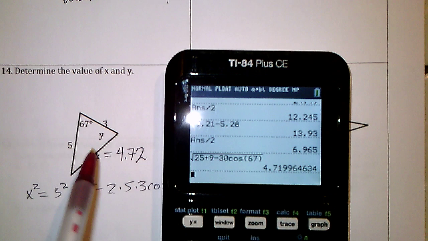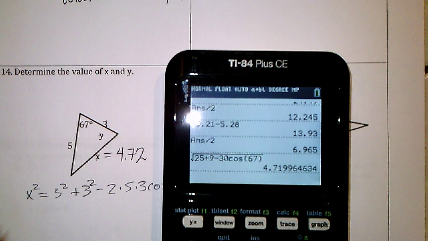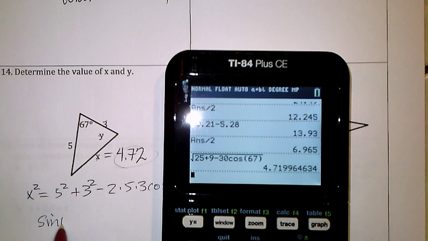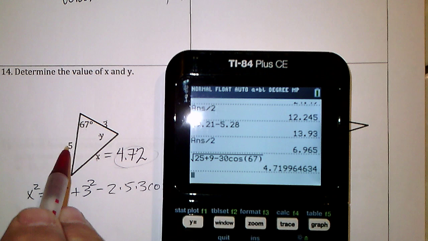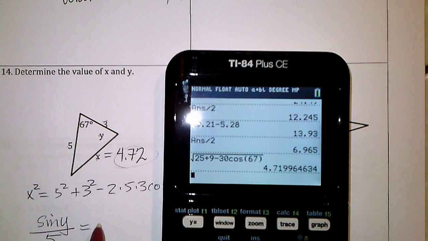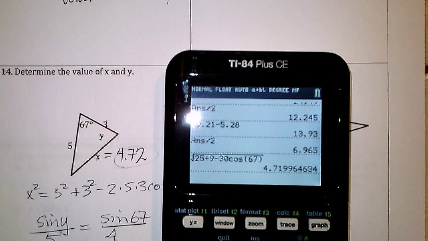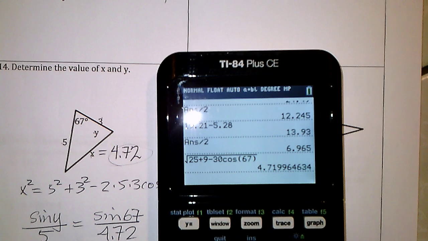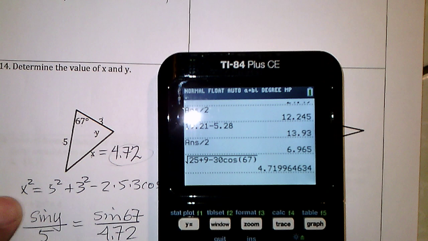And to get y, I can use the law of sines. Now that I have this, I want an angle, so the sine of y over the side opposite equals sine of another angle, 67, over the side opposite, 4.72. So I'm going to multiply by 5 and take the sine inverse.